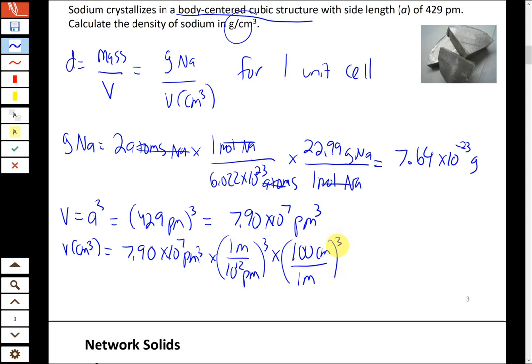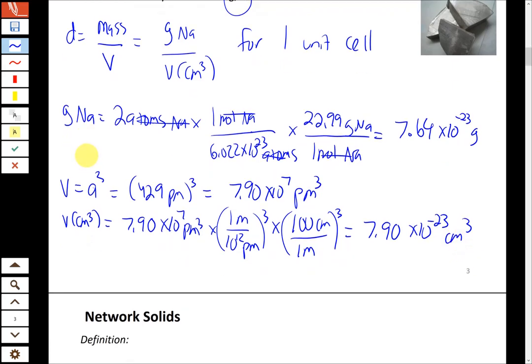All right, so that's just conversion. I did it in 2 steps because I don't know off the top of my head how to go from picometers to centimeters, but you can go picometers to meters, where pico means 10 to the minus 12, and then centimeters is 100 per meter. So that's the way we did it, and we got 7.90 times 10 to the minus 23rd cubic centimeters. Again, a very tiny volume, because we're just talking about one unit cell in the structure.